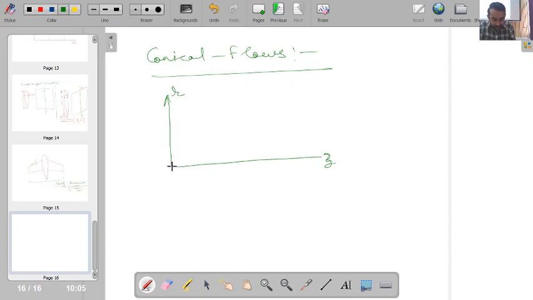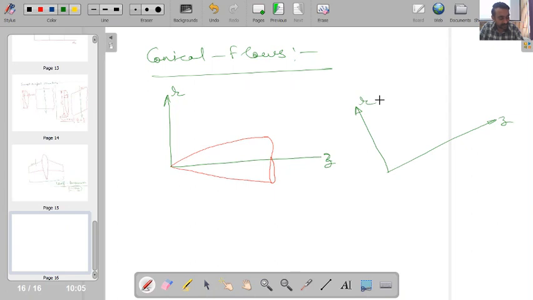If I rotate this planar geometry over 3 dimensions, then that becomes a cone. A 3-dimensional perspective view will be something like this. Say this is my z, this is r, and now I have a conical structure like this, and here I have variation in the angular direction phi.